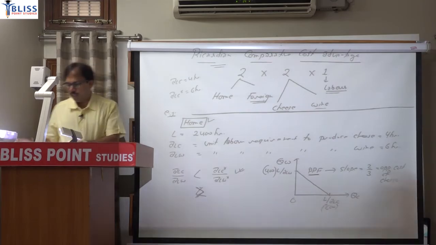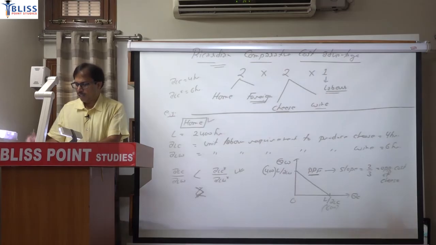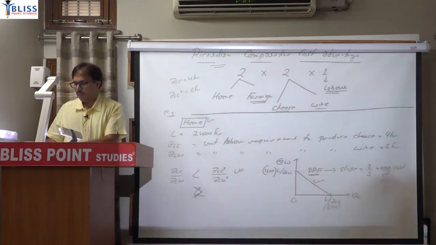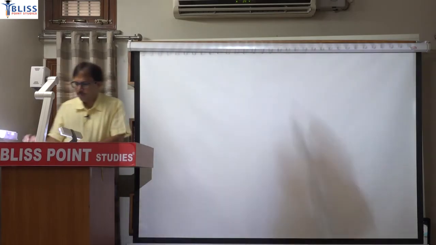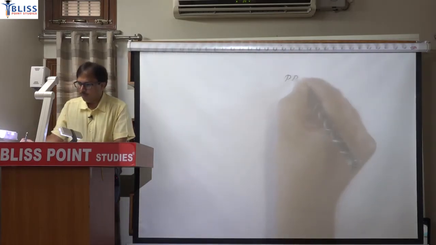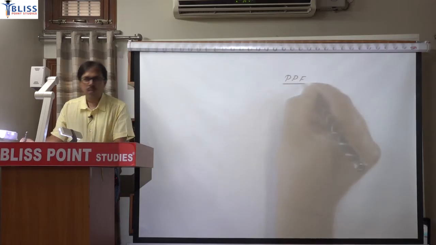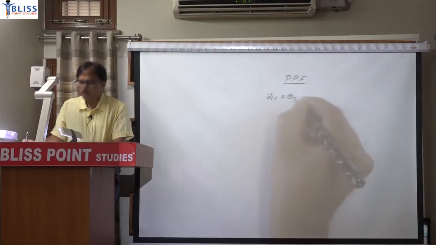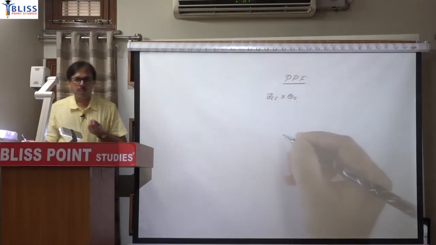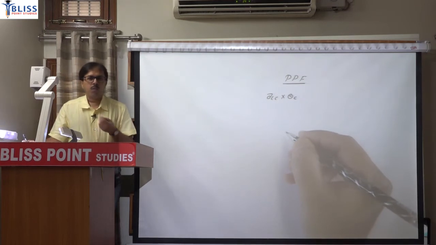And similarly, if you want to write the equation of this line in a further technical form, then actually for this production possibility frontier concept, PPF, you can write the equation of this line also, like ALC multiplied by quantity of cheese produced. So ALC is what? Unit labor used or required to produce 1 unit of cheese.